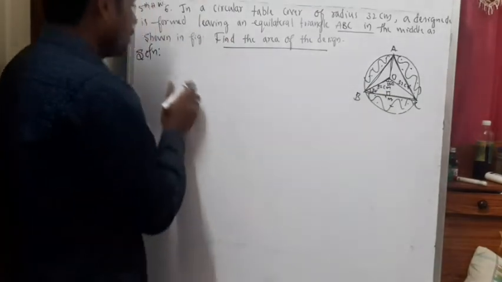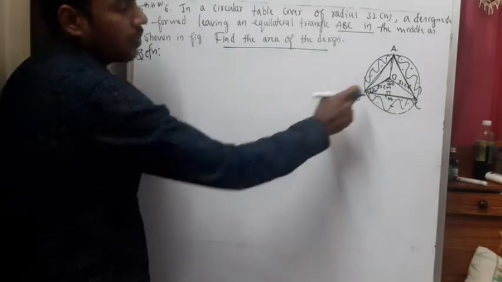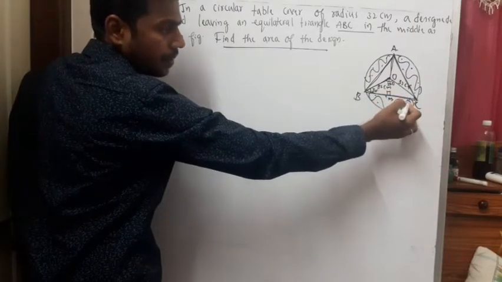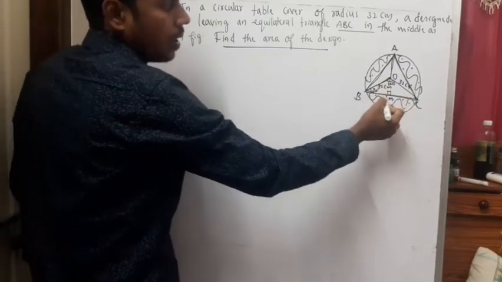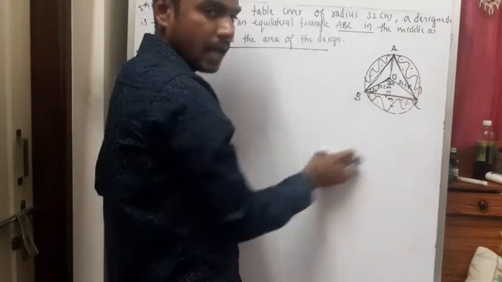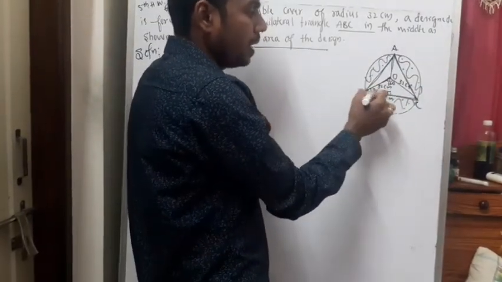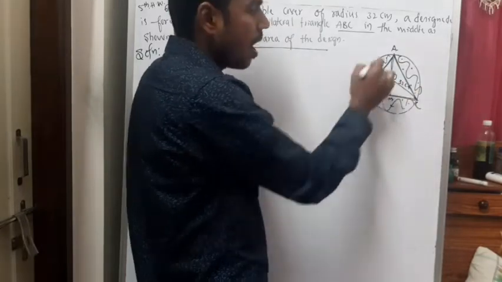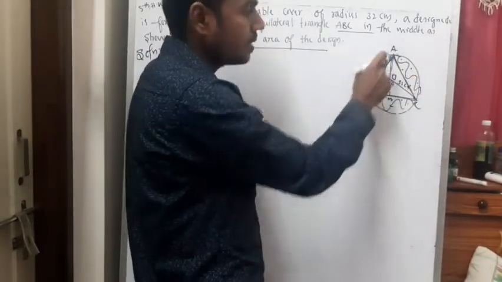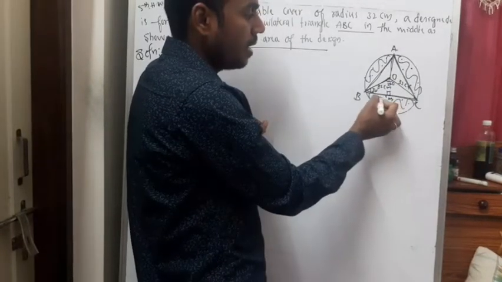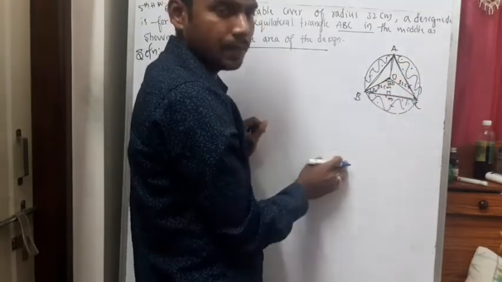Now, what are we going to do? Find the area of a segment. The area of the design region is equal to 3 into the area of the minor segment. All the segments will be equal, since in an equilateral triangle all the segments are equal.